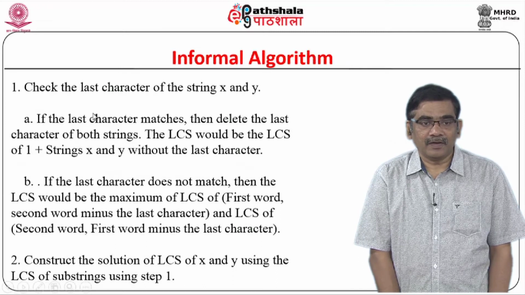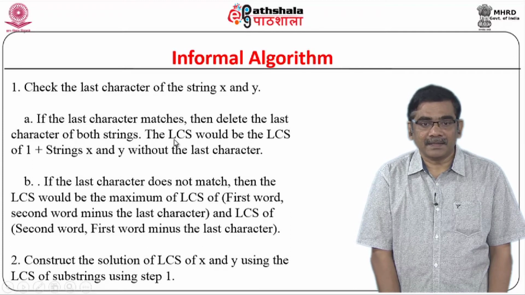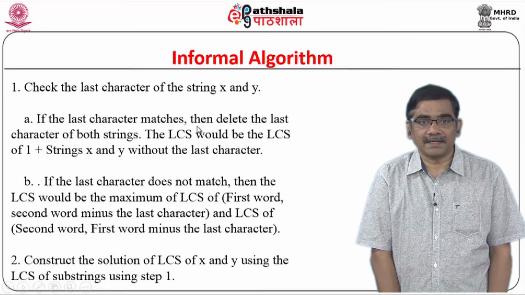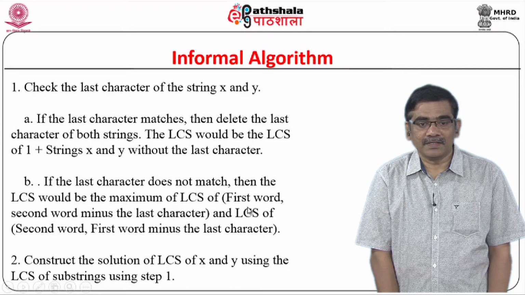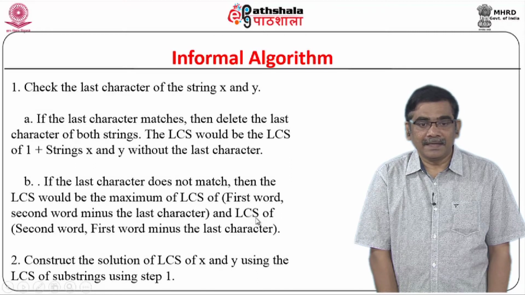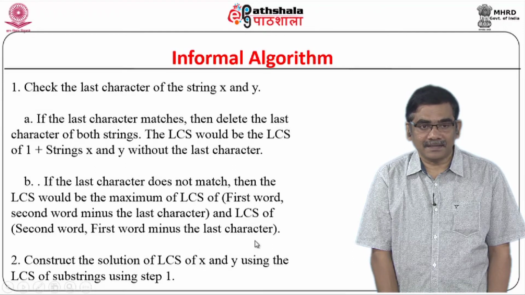Fine, this is the informal algorithm. Check the last character. If the last character matches, then delete the last character in both the strings, then the LCS will be 1 plus the LCS of x and y without the last character. If the last character does not match, then it is going to be the LCS of the first word and the second word minus the last character, and the LCS of the second word and the first word minus the last character.